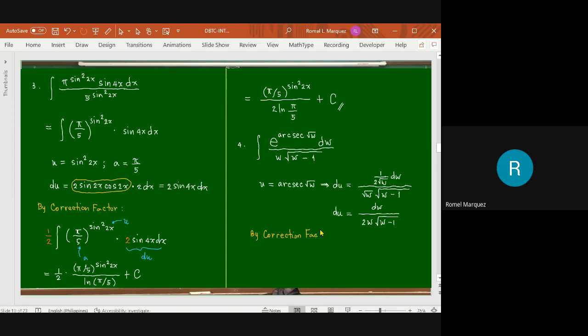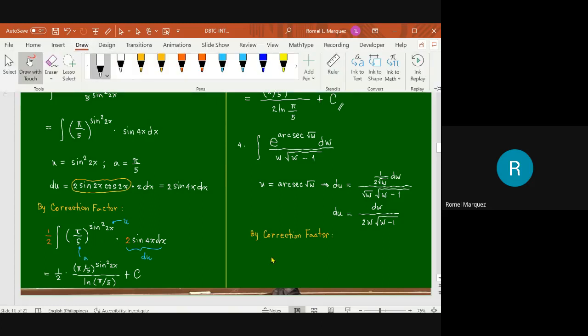Actually, this is not formal. You don't normally see this word in calculus books. I just made up this term, correction factor, to understand what we are doing. Let's call it by that name.